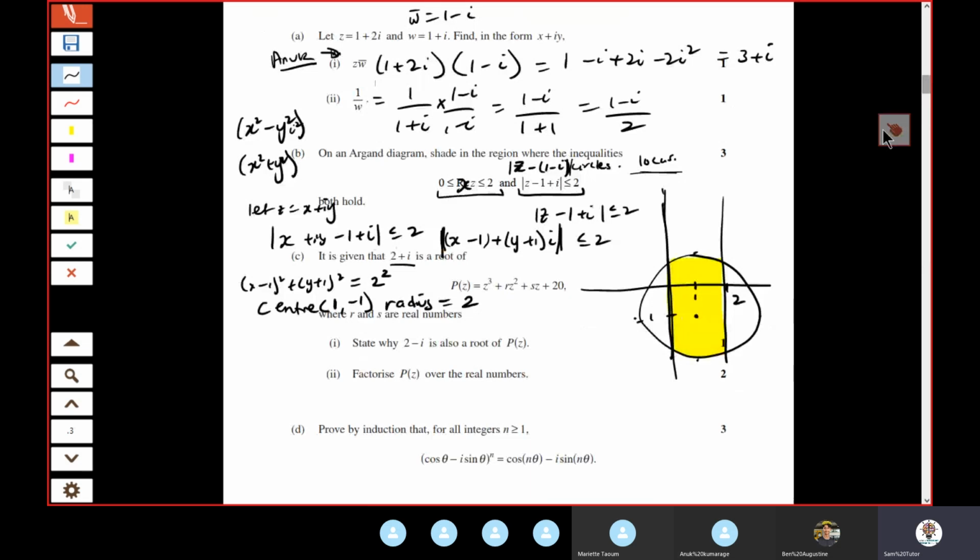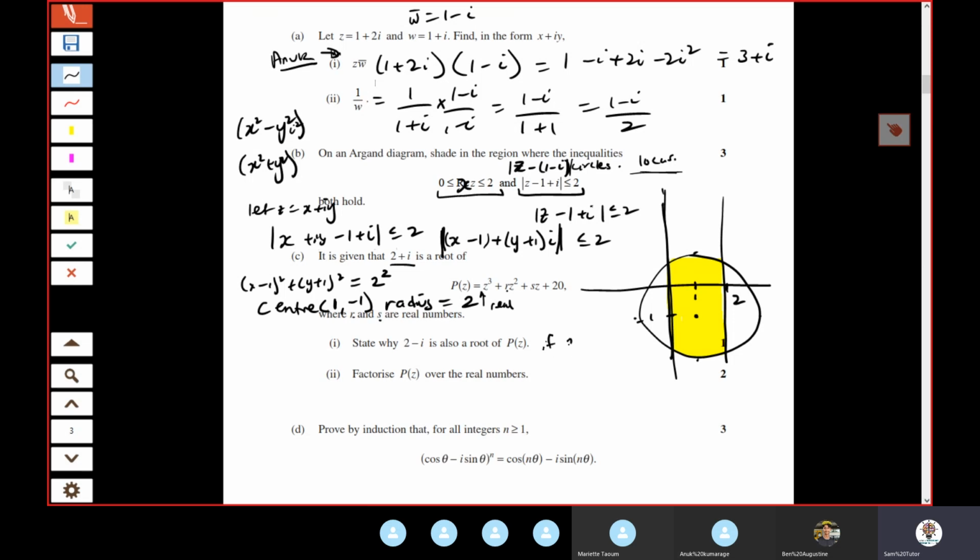Back to this one here. If 2 plus i is a root, the idea was as long as your polynomial or anything really has coefficients here that are real. So this is real, r is real because it says it, s is real because it says it, and 20 is real. Therefore, 2 minus i is also a root. So the conjugate is a root.